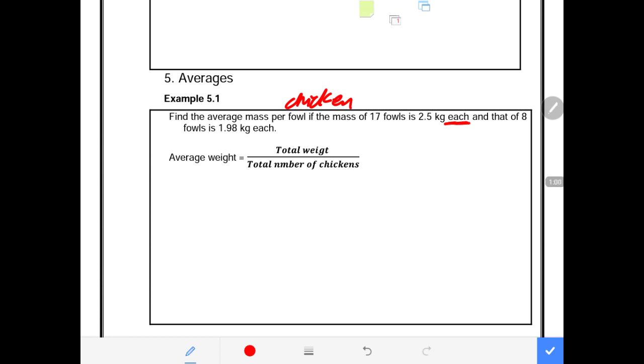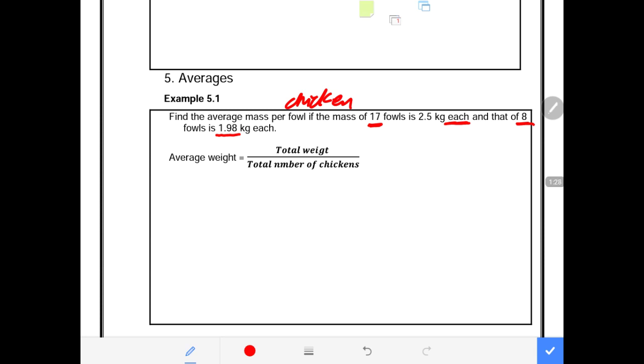That means the weight of a chicken equals 2.5, and we have 17 chickens, and that of 8 fowls is 1.98 kg each. That means for the other 8 chickens, the weight for each of them is 1.98.